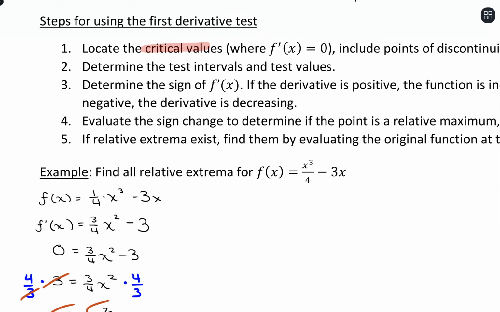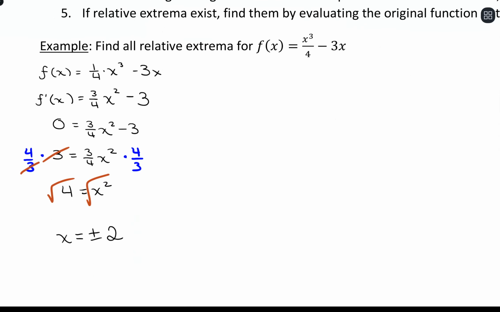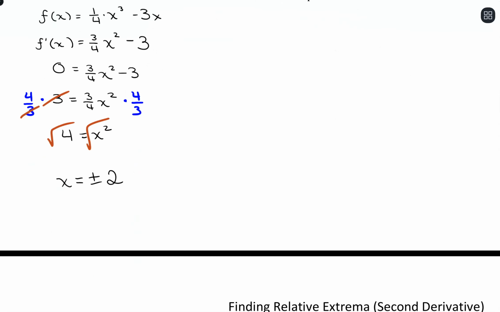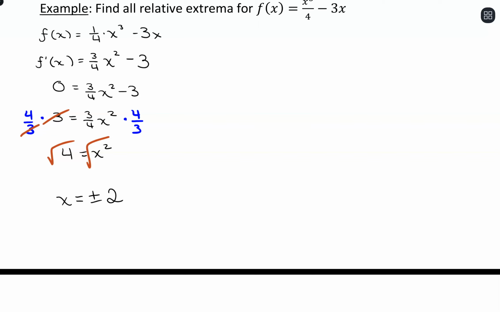Then what we're going to do is what we did with our first derivative test, and we're going to set up our intervals. What can sometimes help here is to just quickly sketch a little number line. So if I do -3, -2, -1, 0, 1, 2, 3, we're going to have these spots.